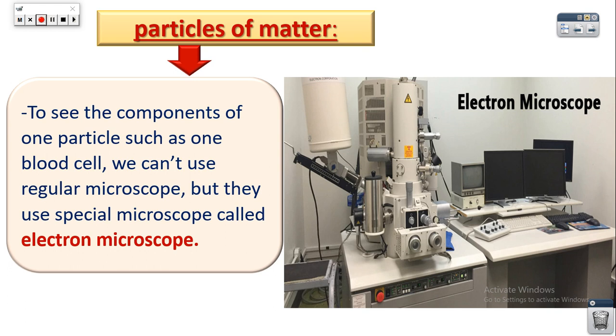The electron microscope allows us to make the very small parts of matter, which are particles, bigger 1,000 times, so we can see what is inside the particles, their structure and the components they contain. So to see the components of the particles, we need to use the electron microscope in this picture in front of you.